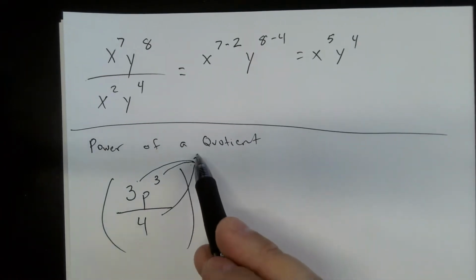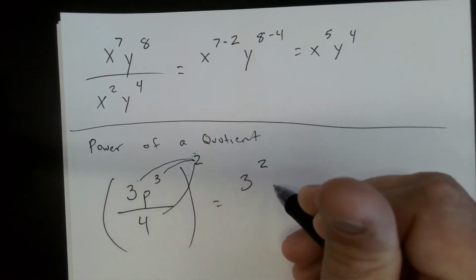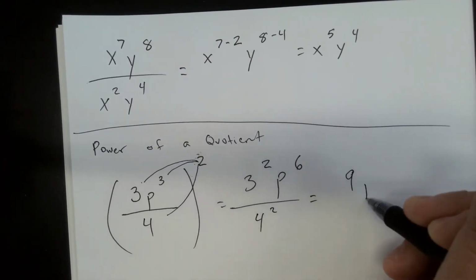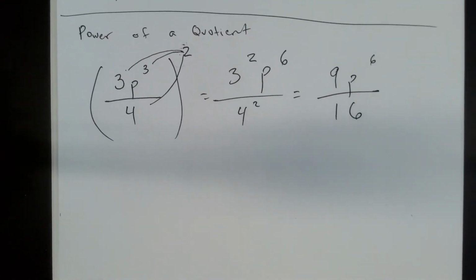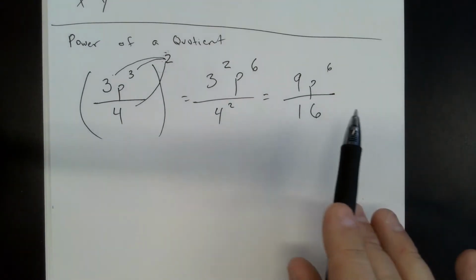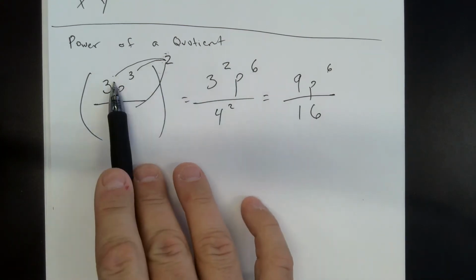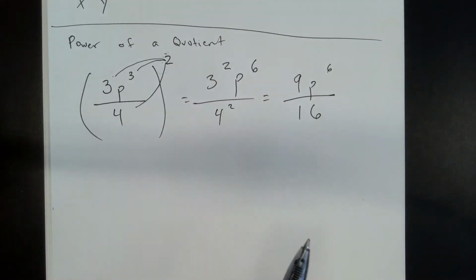So this is going to turn into 3 squared times p to the 6th over 4 squared, or 9 p to the 6th over 16. That's the answer. Where did you get the 9 from? 3 squared, because the 2 goes to the 3, right? Everything in here that has an exponent, and yes, integers have exponents.